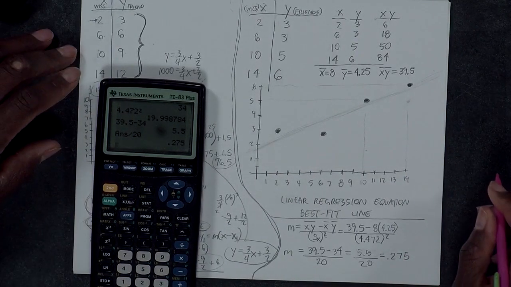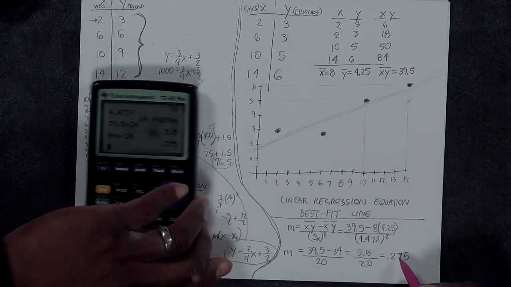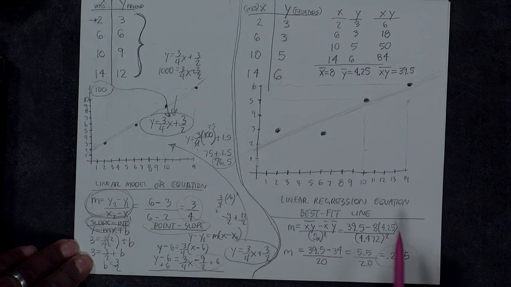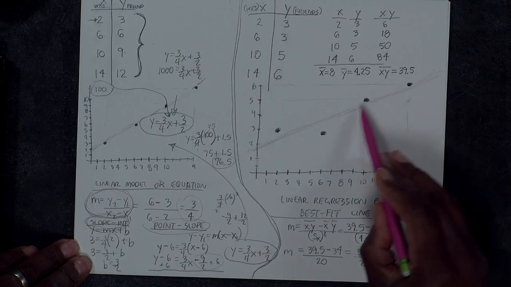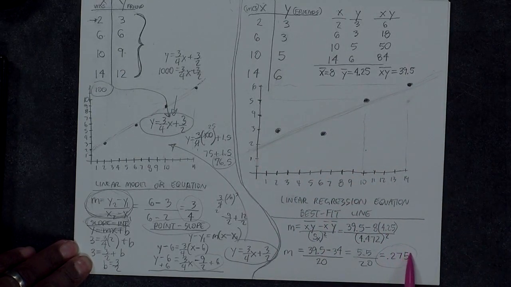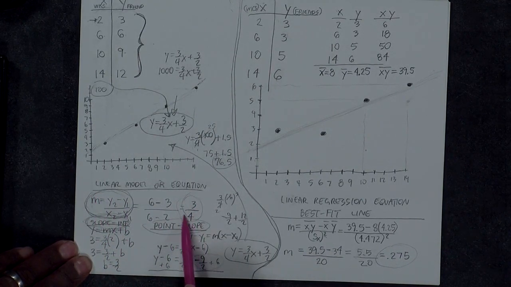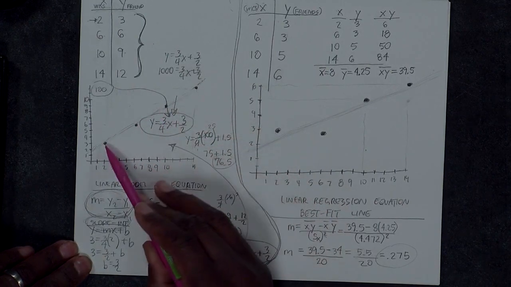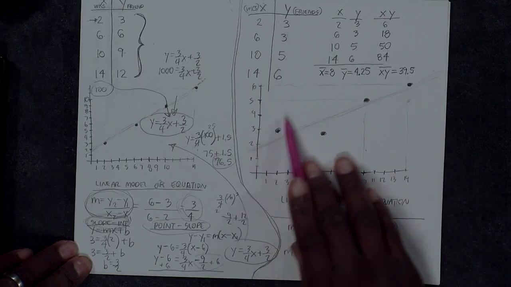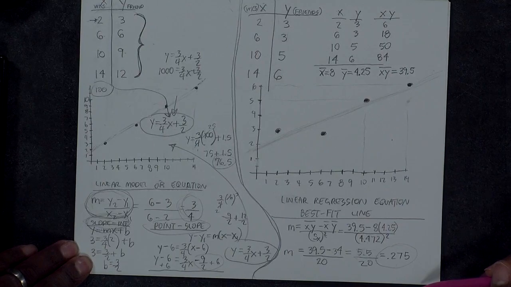That is our slope. It's the best representation of the slope for the data that we have. In the same way that we found the exact slope for these data points, the best representation of the slope for all this data, assuming a linear pattern, would be 0.275.